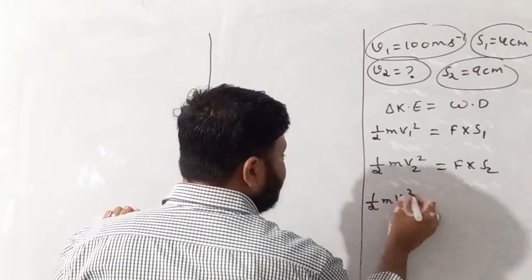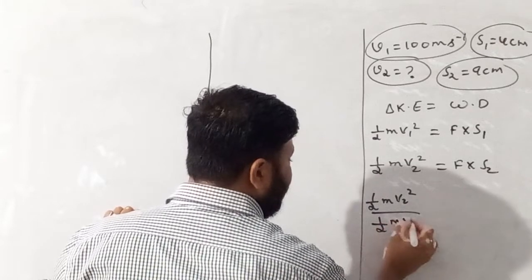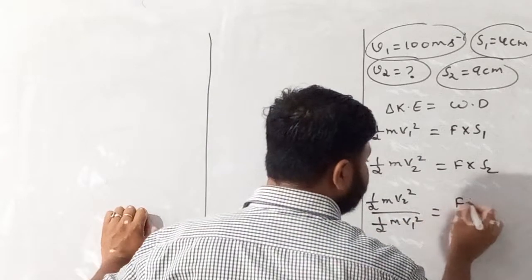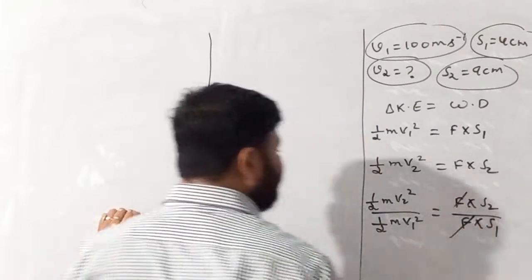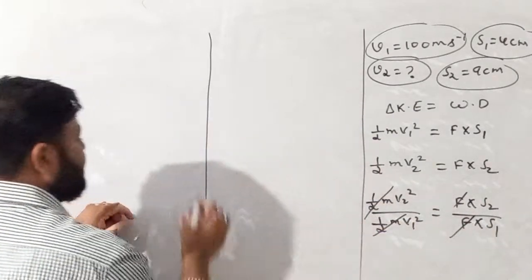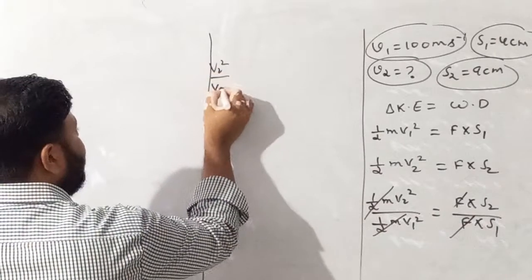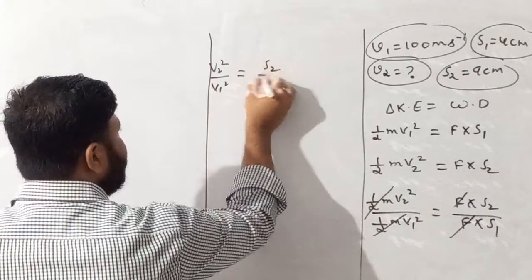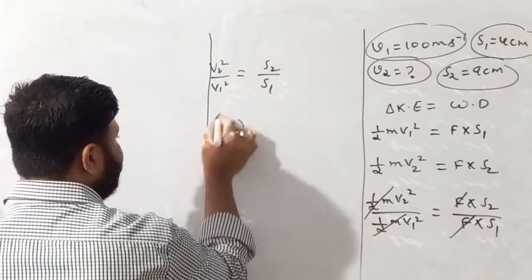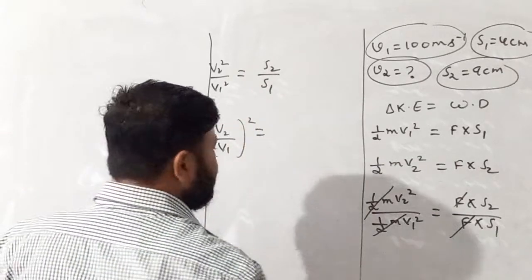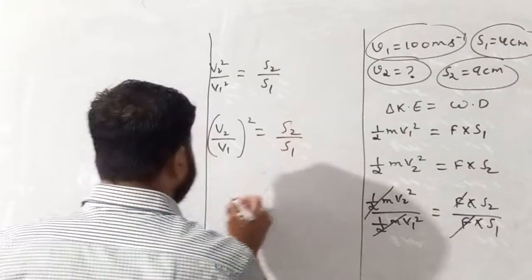Half m V2 square divided by half m V1 square equals force into S2 upon force into S1. Force gets cancelled, half gets cancelled, we get V2 square by V1 square equals S2 by S1. So (V2 by V1) square equals S2 by S1.